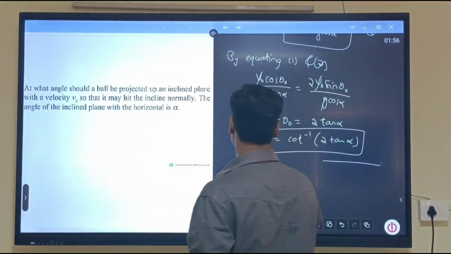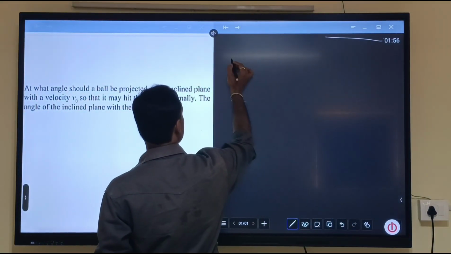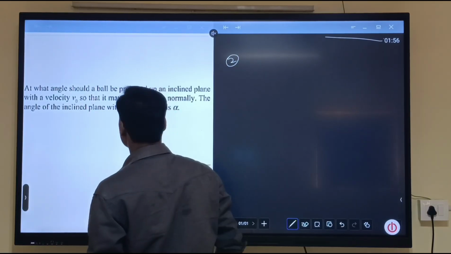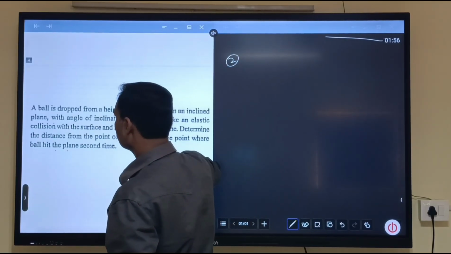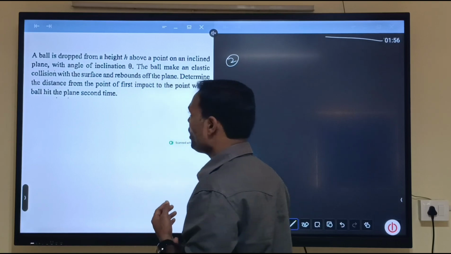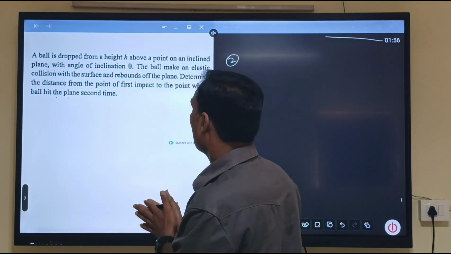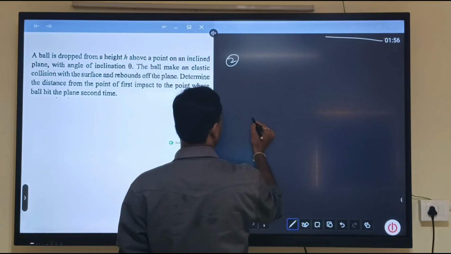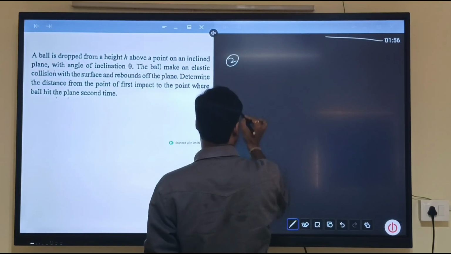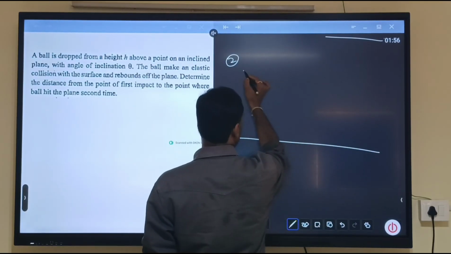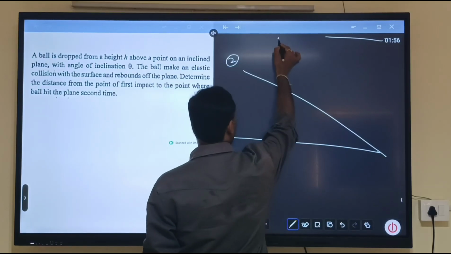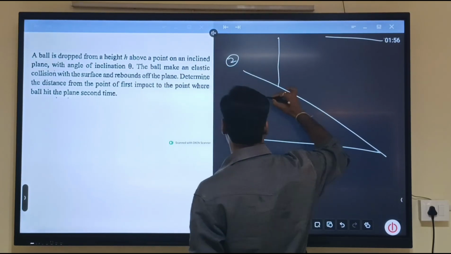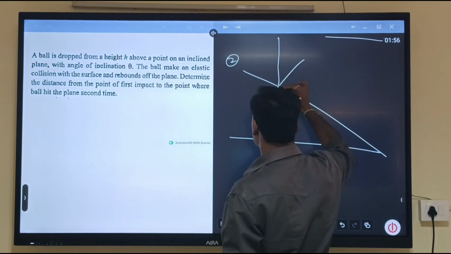Now, let us go to the second problem. The ball is dropped from a height h above a point on an inclined plane with an angle of inclination theta. That means, let us assume the ball is falling like this, and this is the perpendicular.